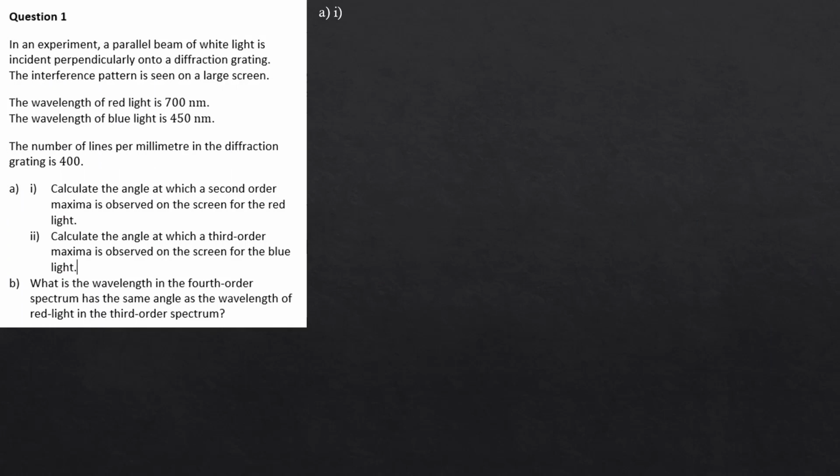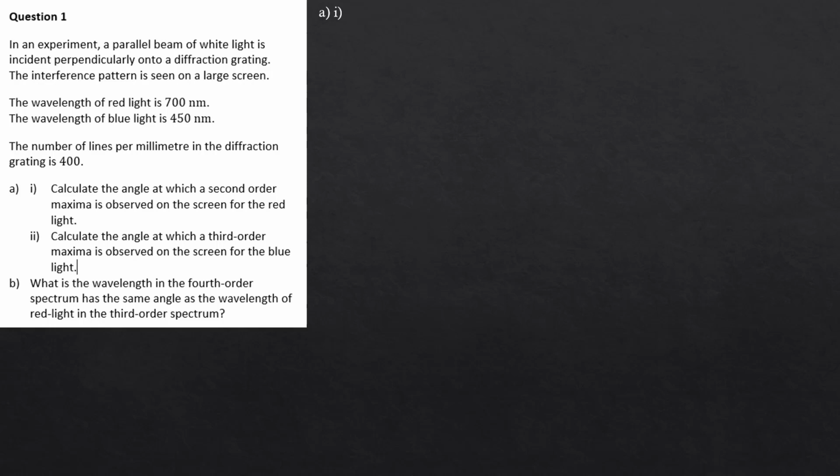So the question here: in an experiment, a parallel beam of white light is incident perpendicularly onto a diffraction grating. The interference pattern is seen on a large screen. The wavelength of red light is 700 nanometers.